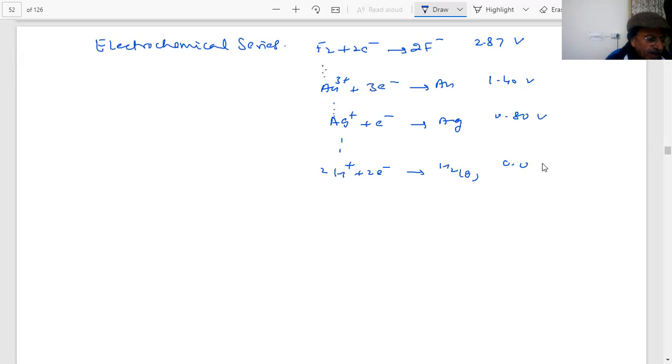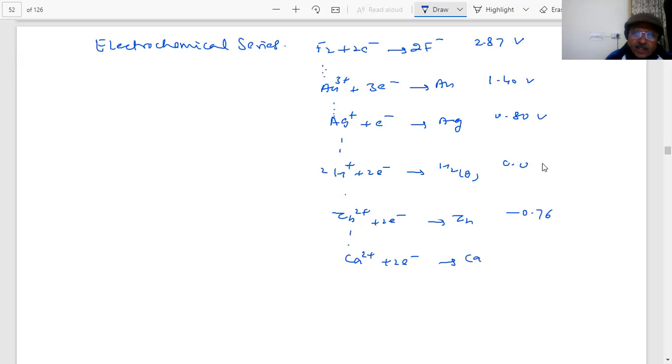Similarly, we have other values. Towards the bottom will come mostly Zn2+ plus 2e, students; this value we know because we have used it in questions. We have solved questions based on this. Calcium 2+ plus 2e, they are metals.